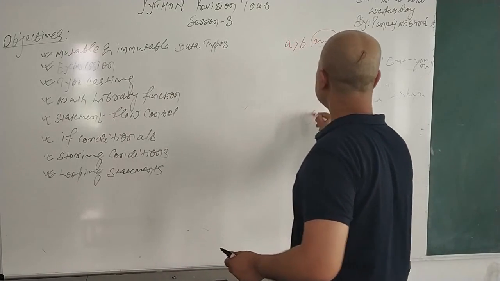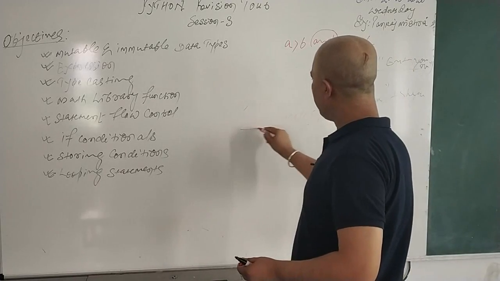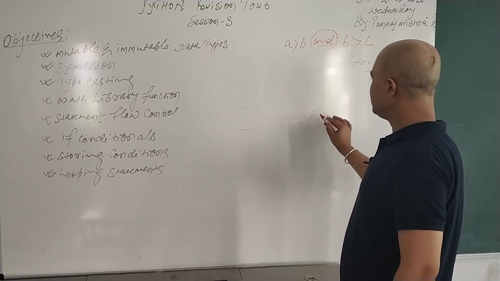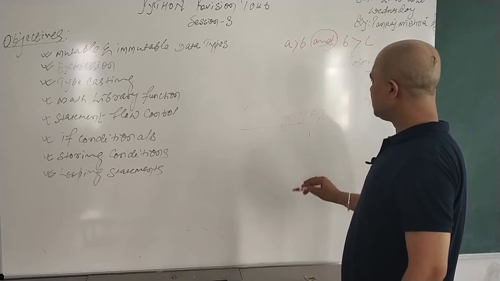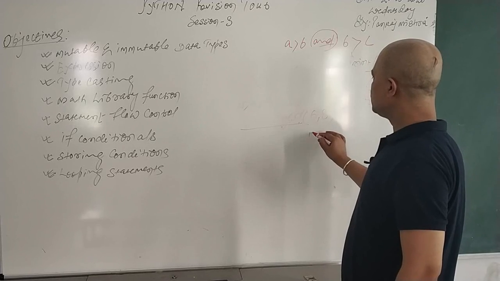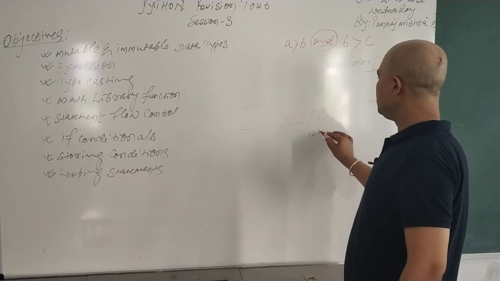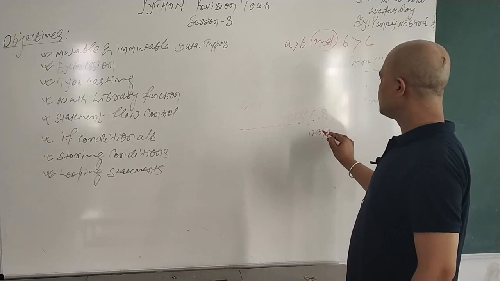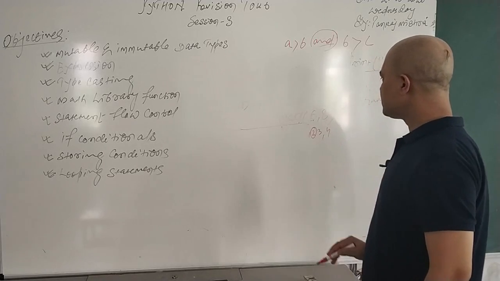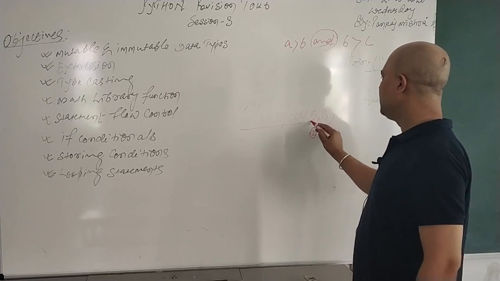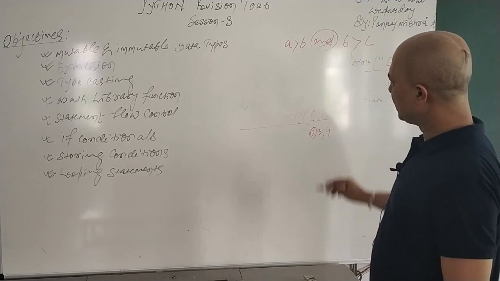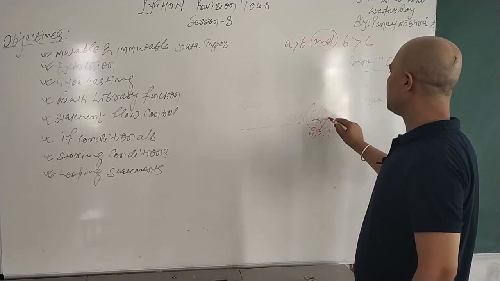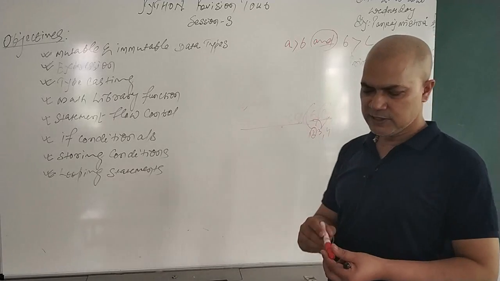Math.gcd under brackets 6,8. Now math.gcd is the greatest common divisor, and for 6,8, as you can see, 1 is a number by which both can be divisible, 2 is again a number by which both can be divisible, 3, 6 can but 4 can't, 4, 8 can but can't 6. It means 2 is the greatest common divisor by which both numbers are divisible, because 2 3s are 6 and 2 4s are 8. If you go by 3, 3 2s are 6, but you will not get the 8. That is what the GCD is.